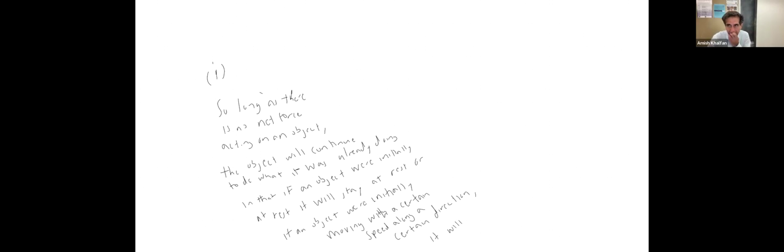Or, if an object were initially moving with a certain speed along a certain direction, it will continue to move with that same speed and direction of travel.